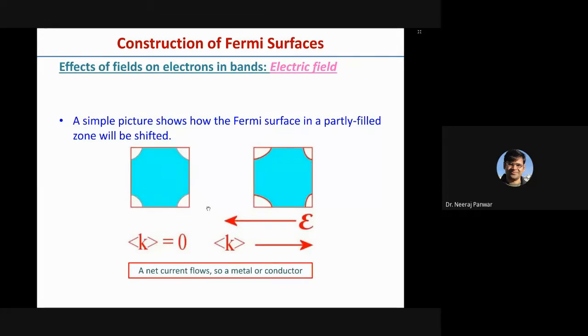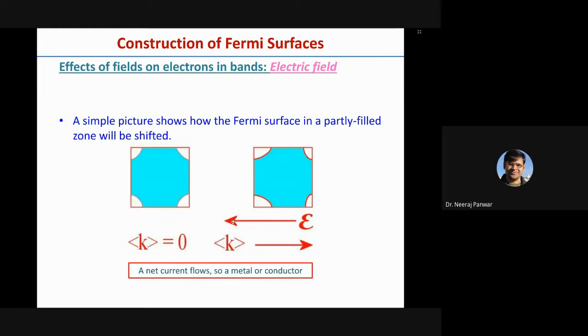We can also discuss the influence of electric field and magnetic field, or simultaneously, the influence of an electromagnetic field on this Fermi surface. So here the first diagram shows the Fermi surface in the first Brillouin zone, that is, without electric field.